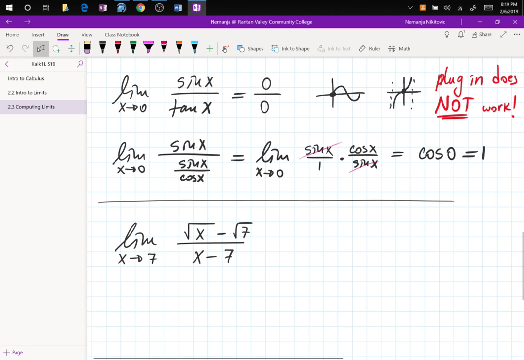So now what? Shall we plug in? Do we get 0 over 0 immediately? Yeah, we do, right? Plug in does not work.